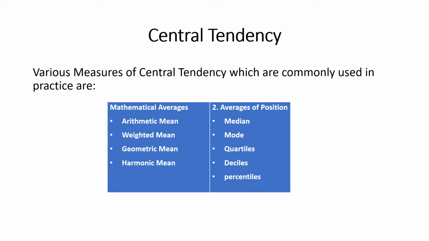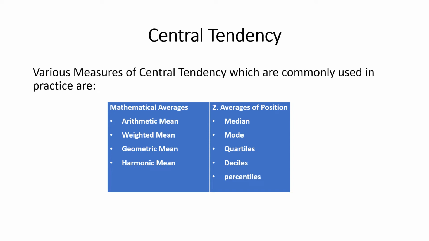Various measures of central tendency are mathematical averages and averages of position. Under mathematical averages, you are going to study arithmetic mean, weighted mean, geometric mean, and harmonic mean. When it comes to the averages of position, you are going to study median, mode, quartiles, deciles, and percentiles.